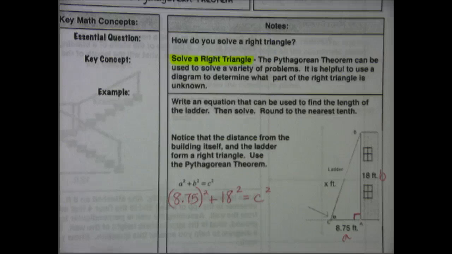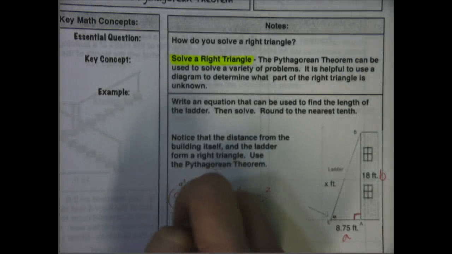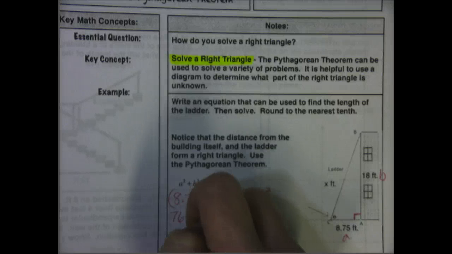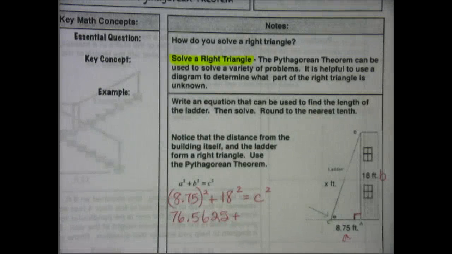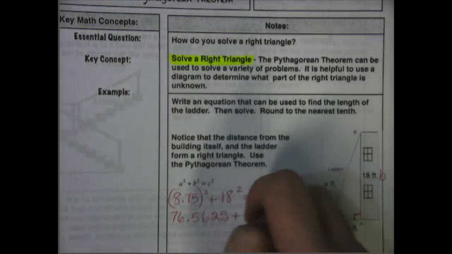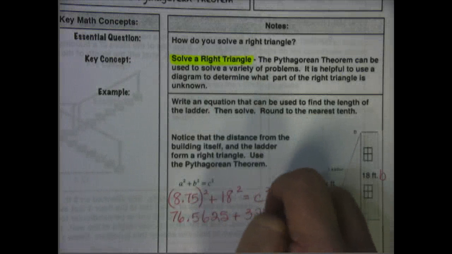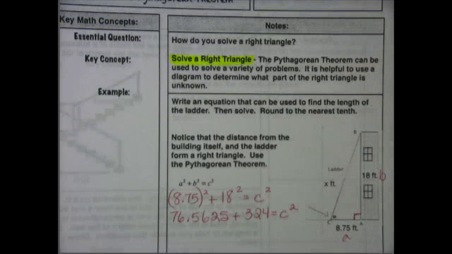Using your calculator, you can take 8.75 and hit the x squared button, equals, and you're going to get 76.5625 plus 18 squared is one that you should know. Remember that we learned our perfect squares from 1 to 20, but if you don't know it, you can use your calculator and you should find that it's 324 equals c squared.